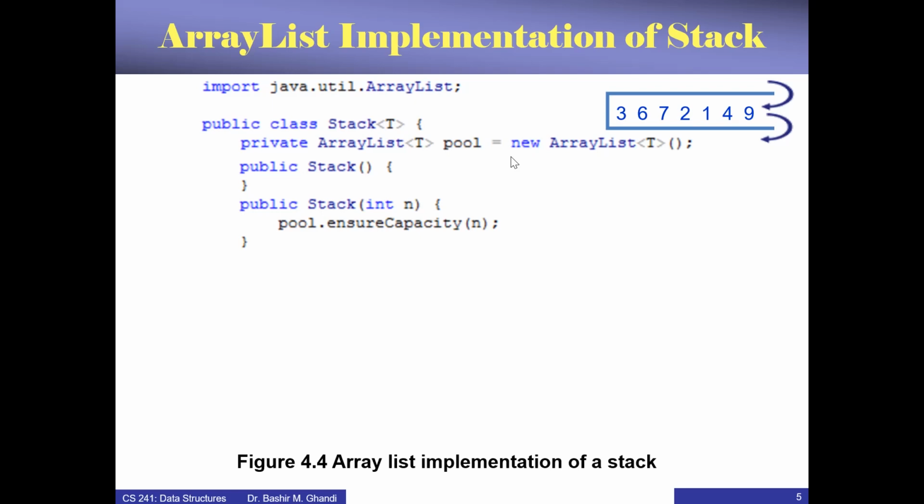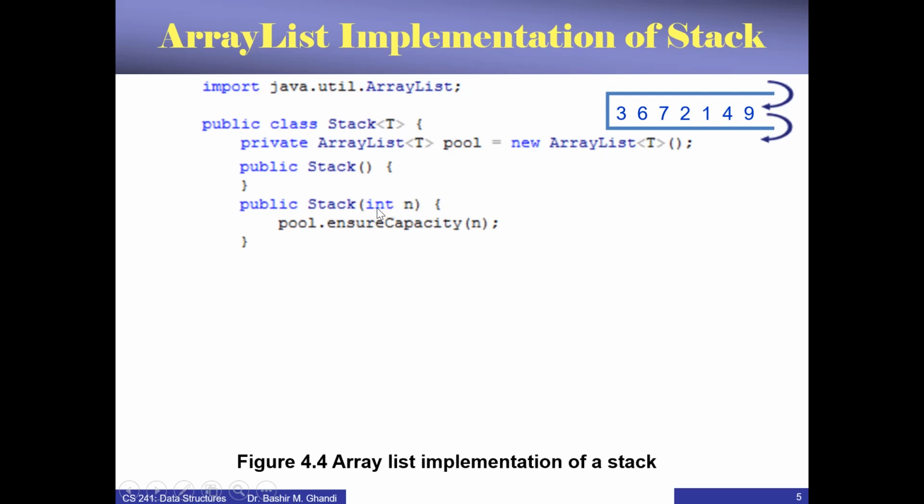When that size is exhausted, the array list will be doubled, and the data has to be copied from the smaller size to the bigger one. So if the user knows how many elements he's going to store in his stack, we're going to allow him an opportunity to actually create an array list of that size.